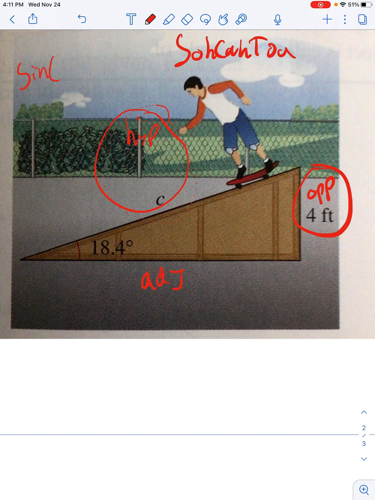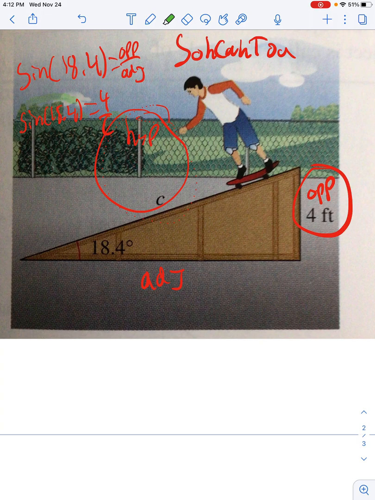So I'm going to say sine of 18.4 equals opposite over hypotenuse, and so sine of 18.4 equals 4 over c. If we want to get c by itself, we have to multiply and then divide.